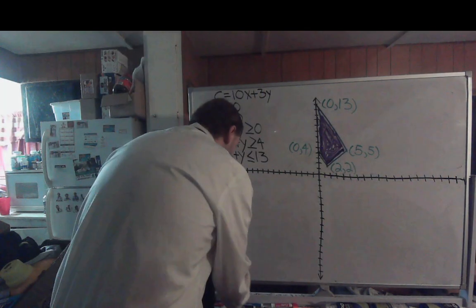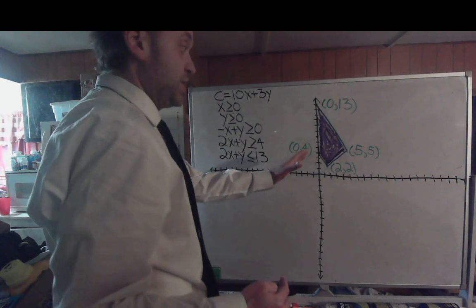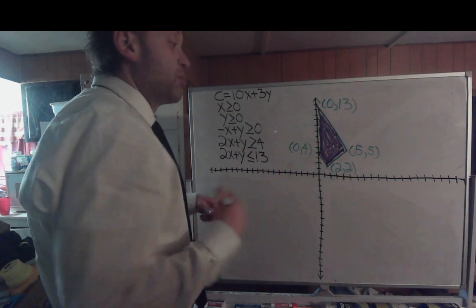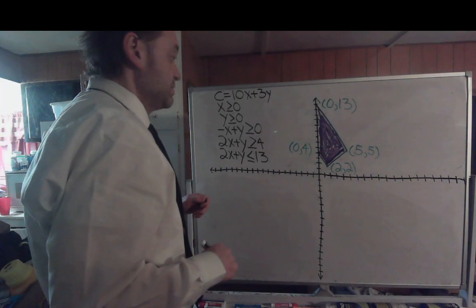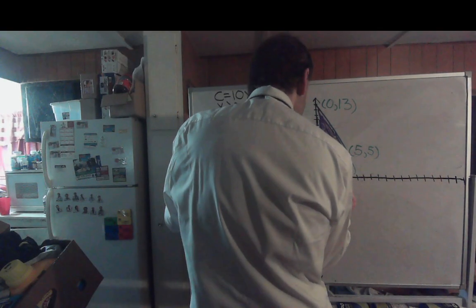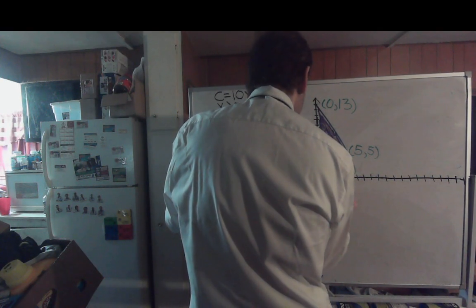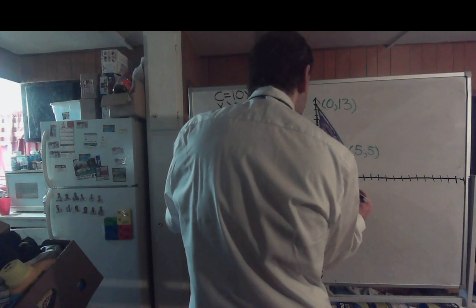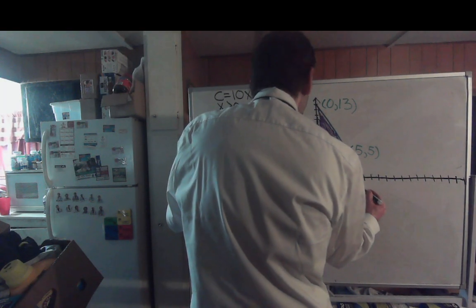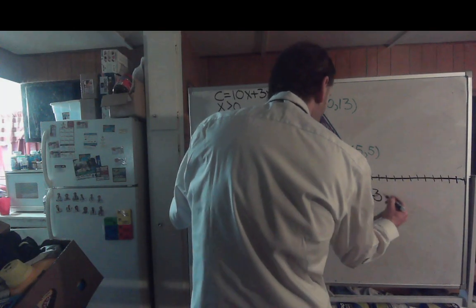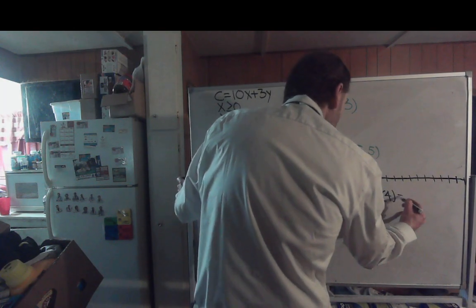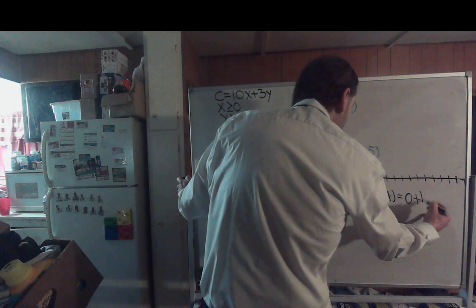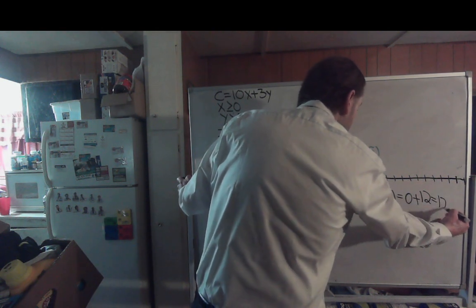Now, since this is a bounded region, we need to figure out both our maximum and minimum values. So let's take 0, 4, put that in. C equals 10 times your x coordinate of 0 plus 3 times your y coordinate of 4, which would end up giving you 0 plus 12, giving you just 12.